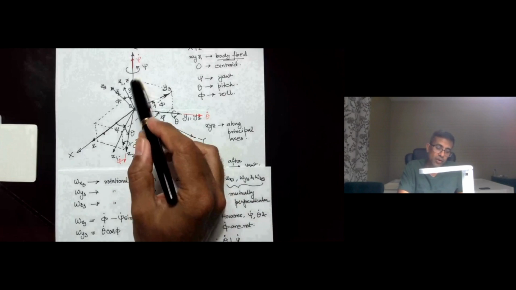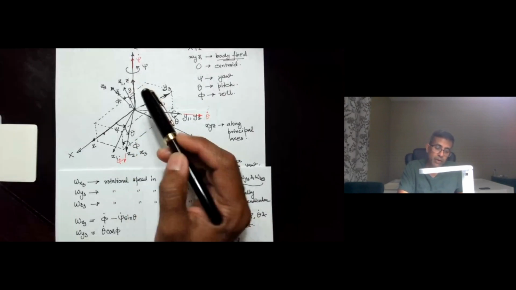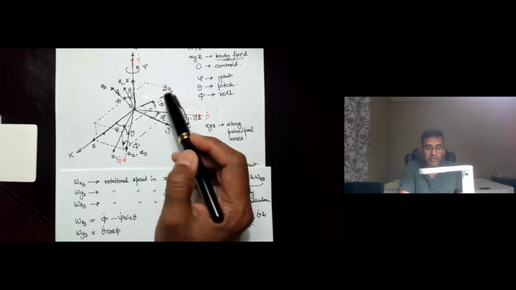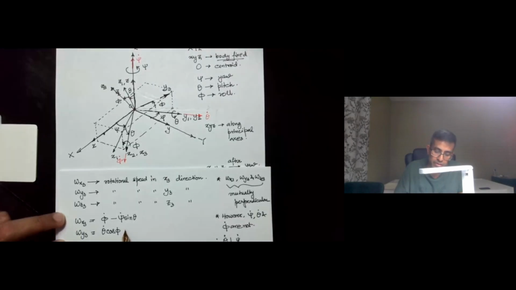And so psi dot cosine theta will now get resolved along the sine phi direction to give me the y3 component. So let me just put the expression. Psi dot cosine theta sine phi with a negative sign.